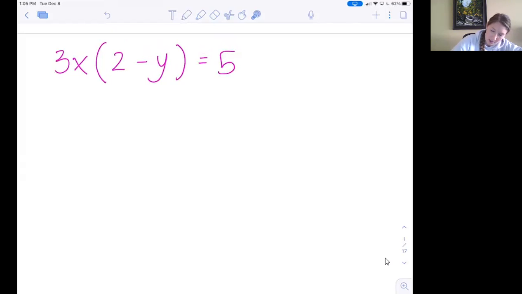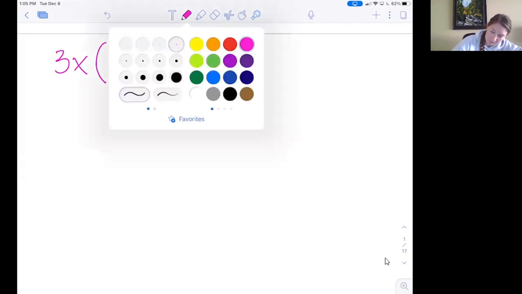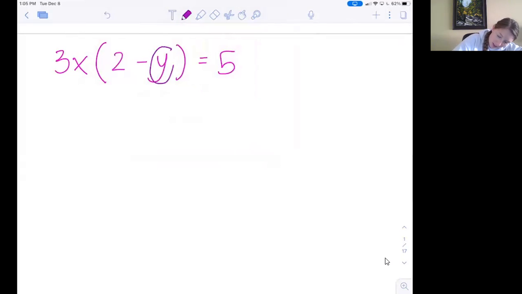Okay, so if I have 3x parentheses 2 minus y equals, let's say 5. Okay, so I want to solve for y, okay? So that y is what I want to solve with.